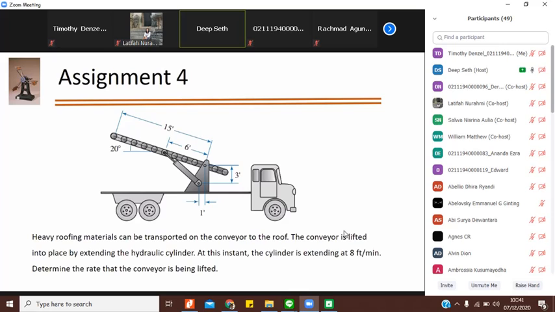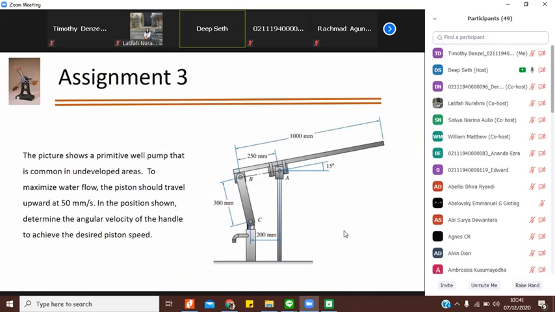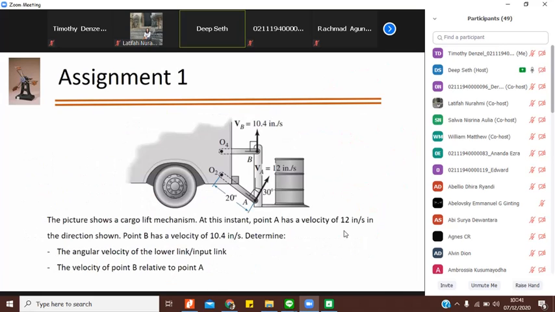So the rate at which the conveyor belt is being lifted, and here we are asking to determine the angular velocity of the crushing ram. Assignment 3 and assignment 2, you can try. Assignment 1 you can try once again. We have asked the angular velocity of the lower link and the velocity of B with respect to point A. So you just have to write it once again in the vector loop.